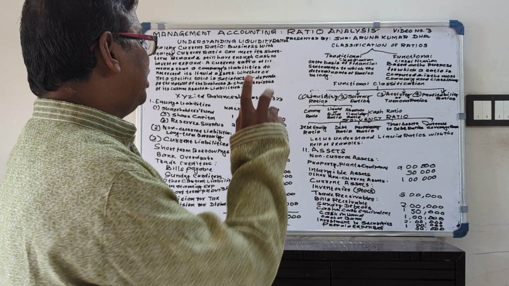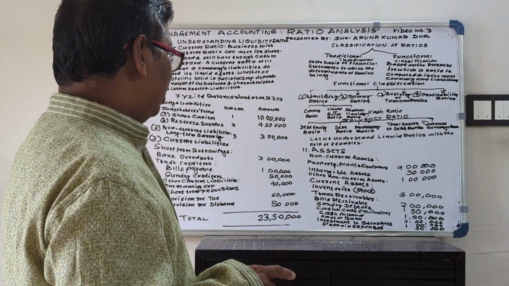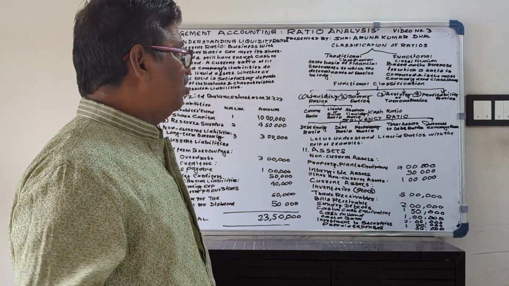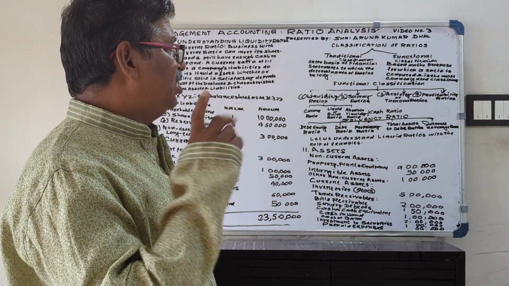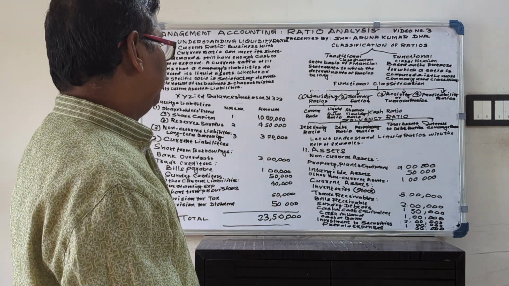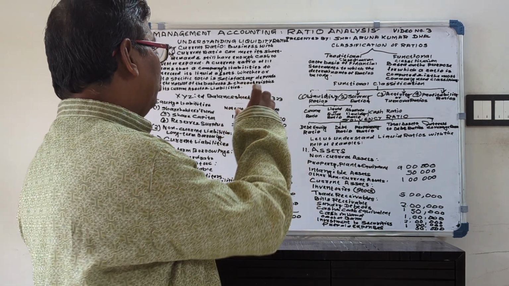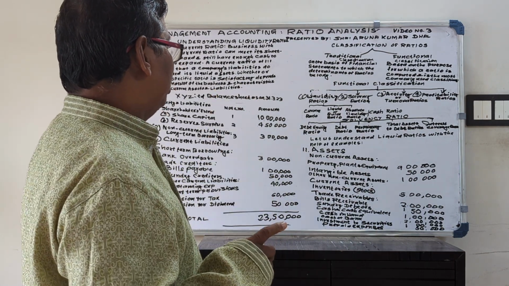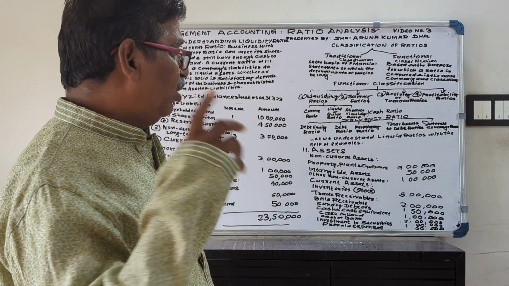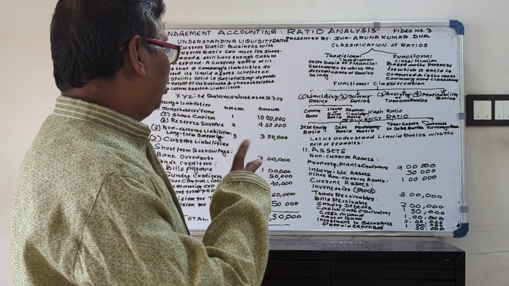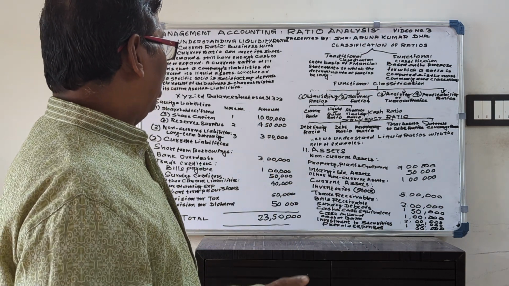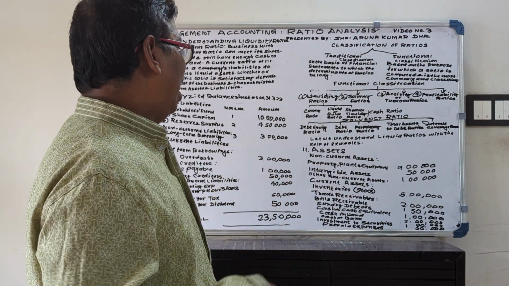On the basis of functional classification, the ratio may be liquidity ratio, solvency ratio, activity or turnover ratio, then profitability ratios. We will now discuss liquidity ratio, which means the ability to meet short-term or current obligations out of liquid assets.